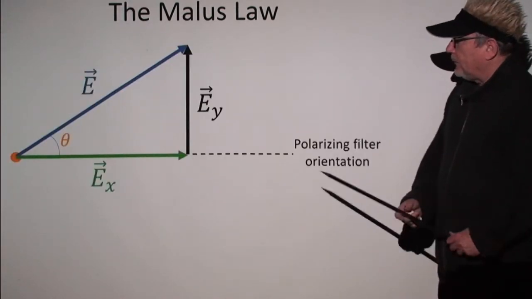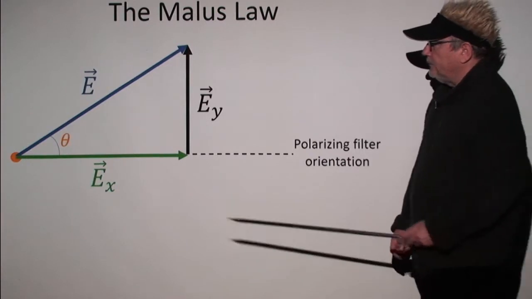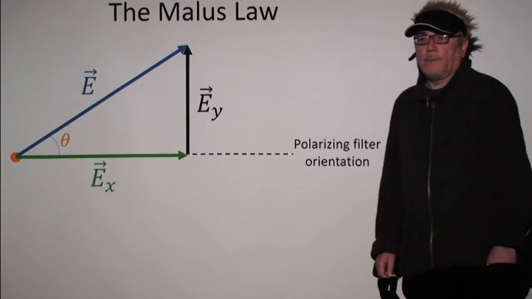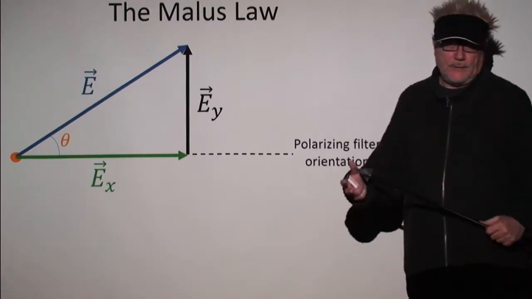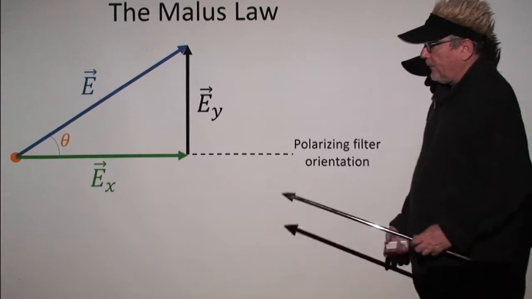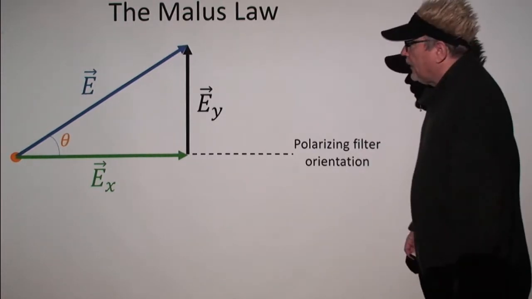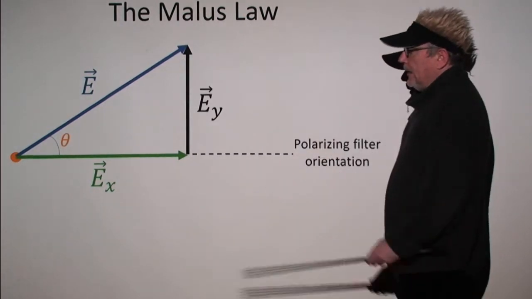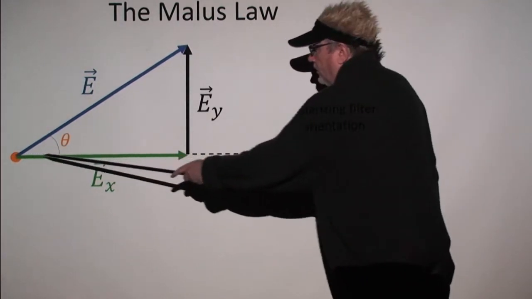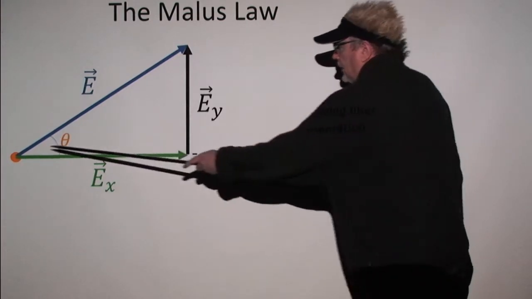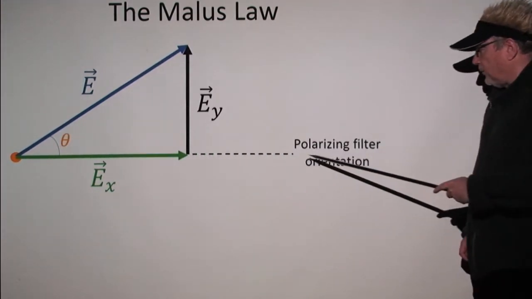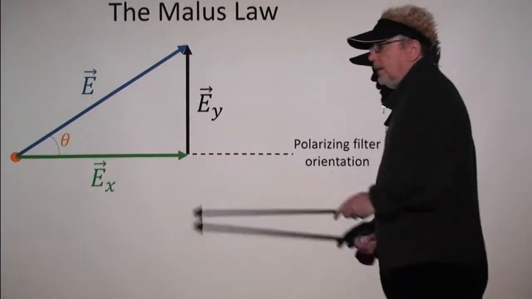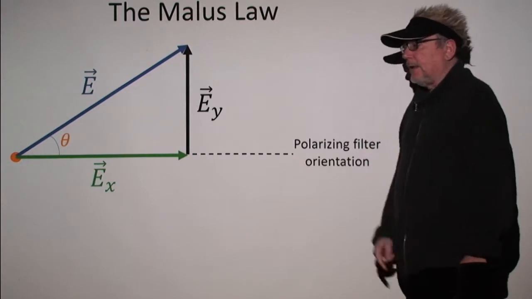Okay, so the first thing we need to do is to consider here the electric field, because actually this is called polarization. And polarization is just the orientation of the electric field. So let's take the electric field vector here and replace it with the sum of these two vectors here, and this vector will be aligned with the filter orientation, which means when you're that way, you get full intensity of light after the filter.